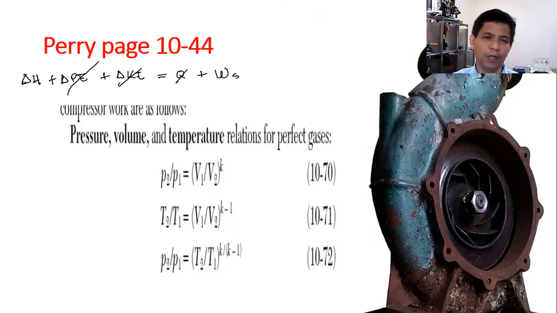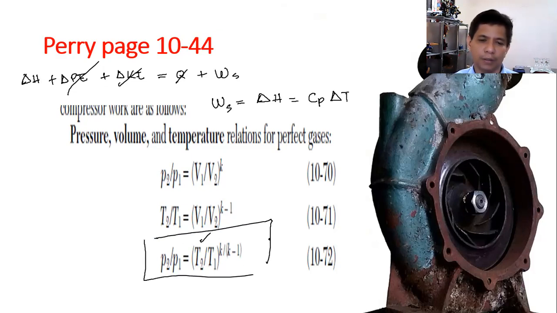So what happens is WS, the head of the compressor, is equal to delta H. When you assume that the gas is ideal, since WS is equal to delta H, the general equation for calculating the compressor's head is Cp delta T. Basically, if you are given the initial pressure, final pressure, and initial temperature, just calculate the final temperature using this equation, and then proceed to calculating the head.